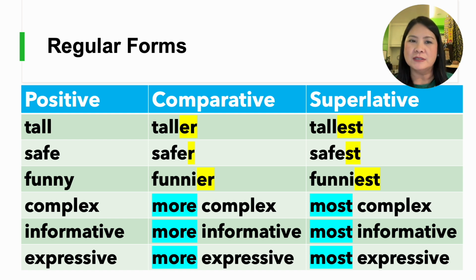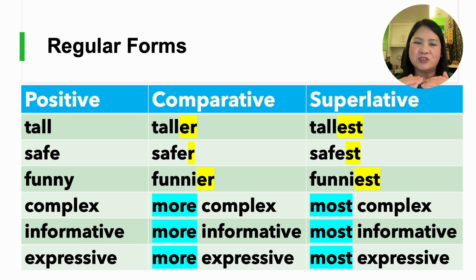So we say tall, taller, tallest. Safe, safer, safest. Near, nearer, nearest. Cute, cuter, cutest. Strong, stronger, strongest. So automatically, I repeat, one-syllable adjectives use "er" and "est".